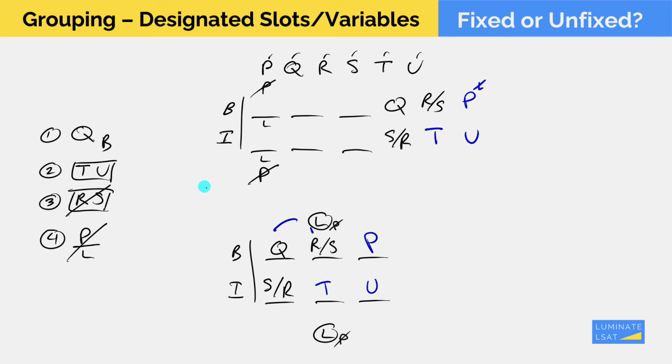And one more thing to keep in mind is if you start off with one of these kinds of setups, so let's say we started off with a fixed setup where we fixed an L to one of these slots, if in the middle of the rules or in making inferences we realize that that's a little bit constraining, there's nothing wrong with just erasing that L and just writing an L over here to be assigned to any of the slots. So don't feel like the initial setup that you went with at the start of the game is one that you have to stick to, especially when you realize that it may be limiting in the ways that you are drawing other rules or in your ability to see inferences.